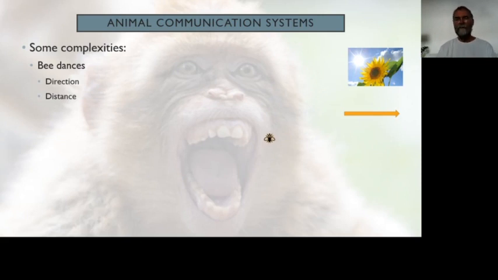A big wiggle means that the flowers are more distant from the hive. So this wiggle part can convey information about the distance of the flowers. So the dance in itself then combines these two pieces of information in one dance. The direction of the flowers and the distance of the flowers combined into one expression or one dance.